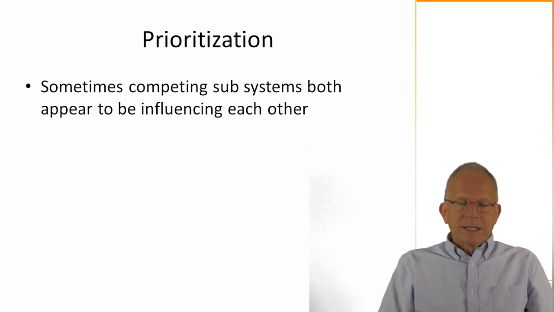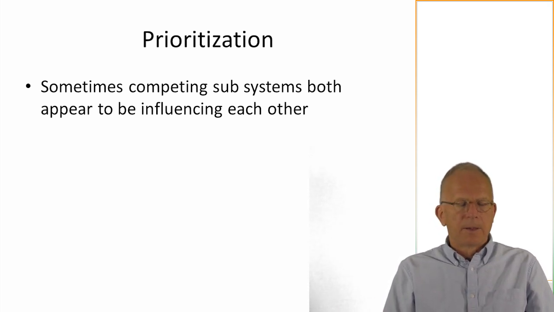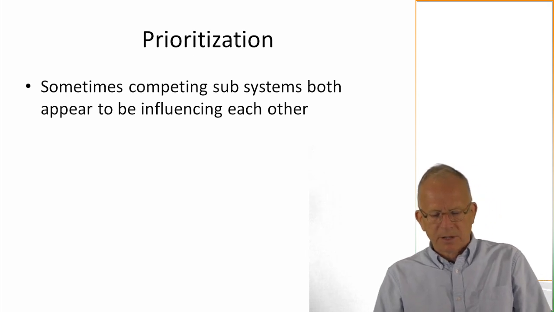Now, prioritization. Sometimes you have competing subsystems that appear to be influencing each other. You might have, say, a fuel cell that is supposed to be environmentally friendly.